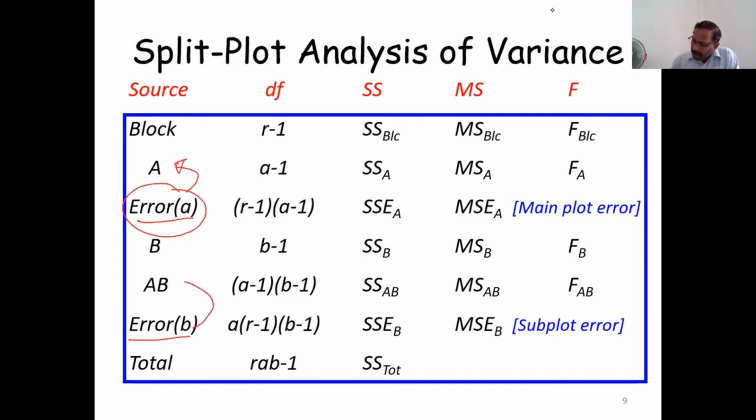We use error B to test the subplot factor B and the interaction effect. If you have written down, tell me so that I can give the model and the sums of squares.